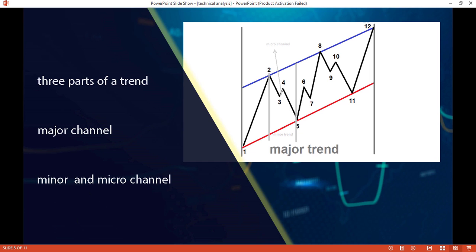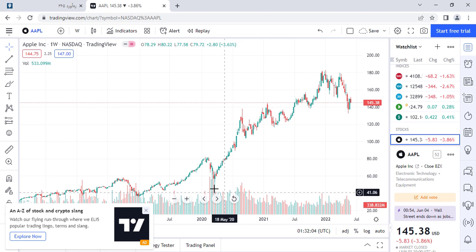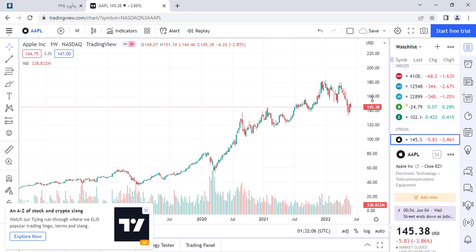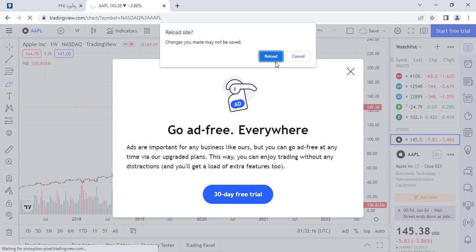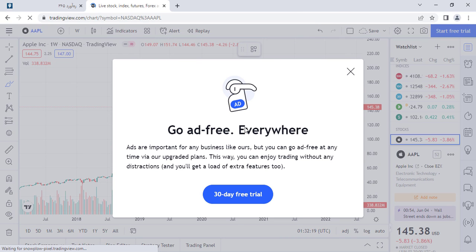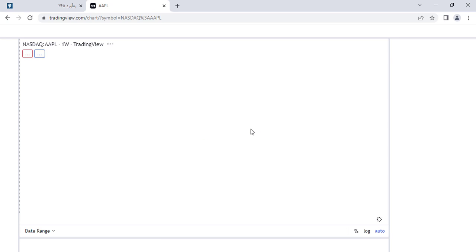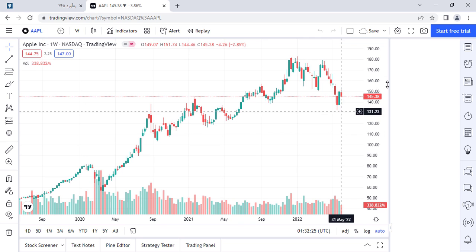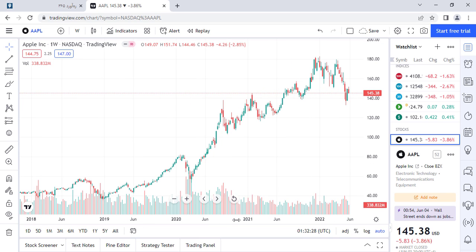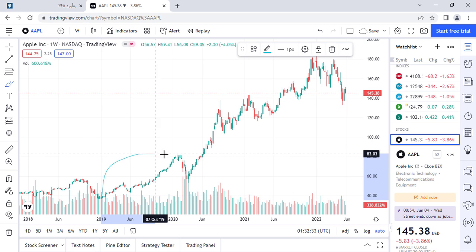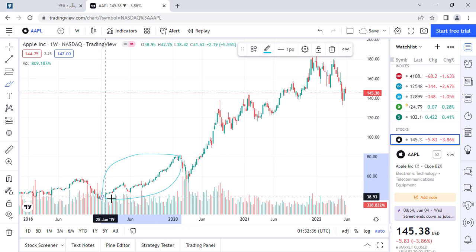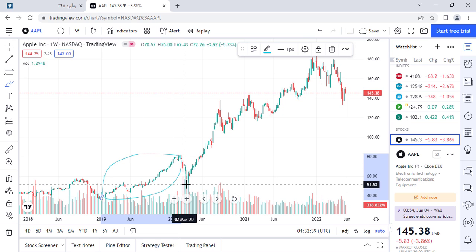So let's see this minor movement in TradingView. Here the whole movement has taken about, I told you, 8 years, but minor movements are, for example, here or here to here. It's one of the minor movements.